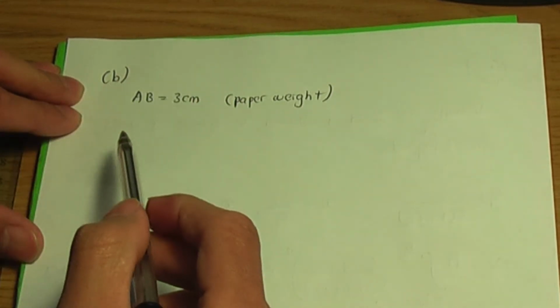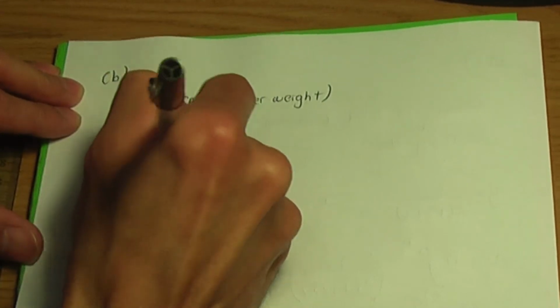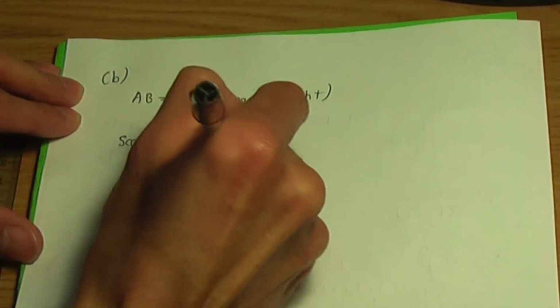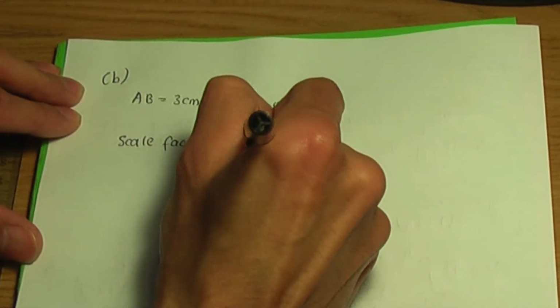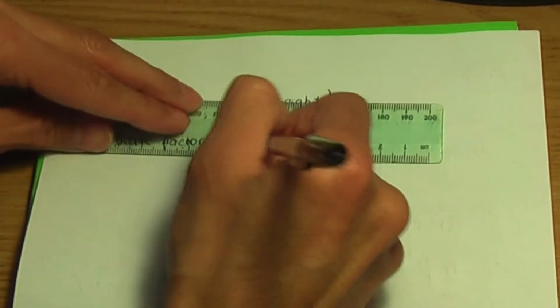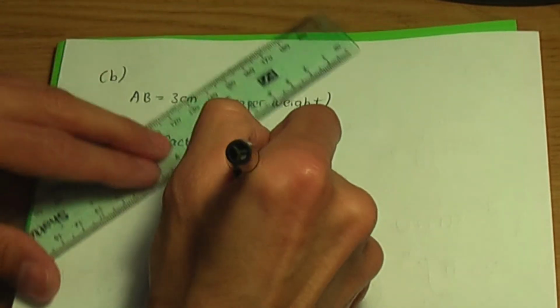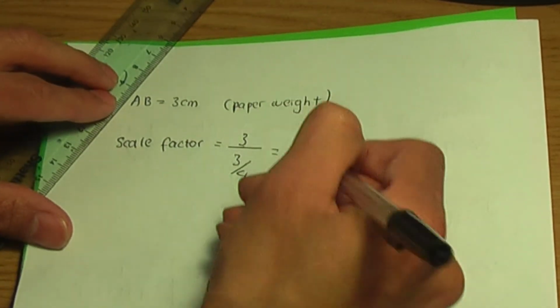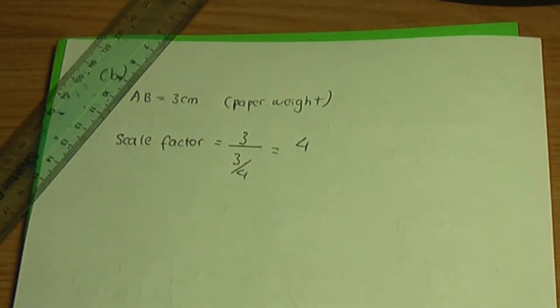Using that, we can work out the scale factor since they're geometrically similar. The scale factor will be the 3 centimeters for the paperweight divided by the 3/4. And 3 divided by 3/4 gives us 4. So that is the scale factor.